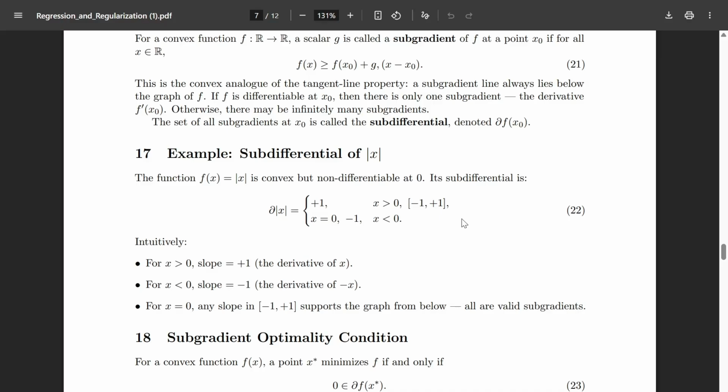We can definitely approximate another function to mod x, and that function will have a derivative of -1 to +1, not exactly at 0, but from 0 minus epsilon to 0 plus epsilon. That is how the function is supposed to behave.